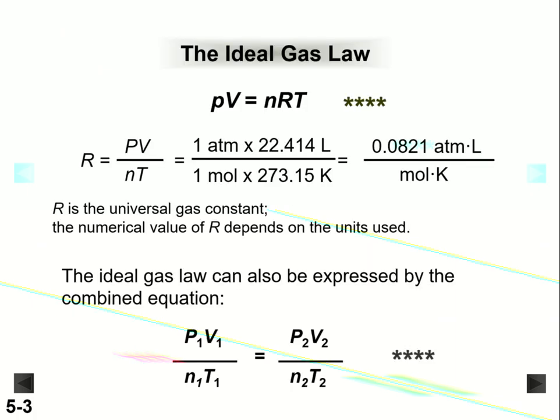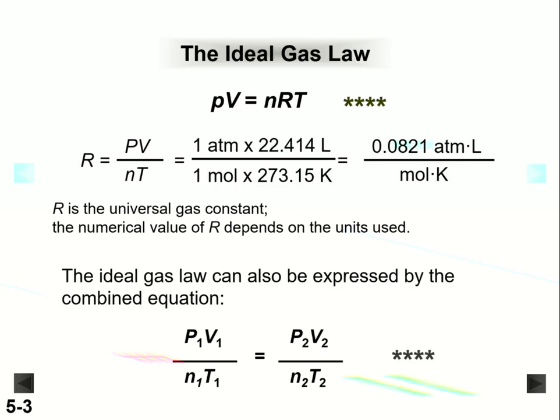First, we can take all the laws, Gay-Lussac's law, Avogadro's law, Charles' law, Boyle's law, and combine them together. If we combine all those relations, we can produce something called the ideal gas law, or the ideal gas relation. This is shown at the top.